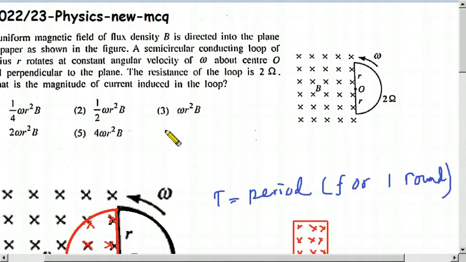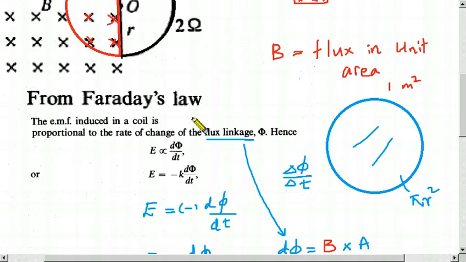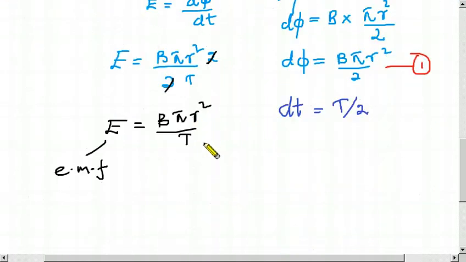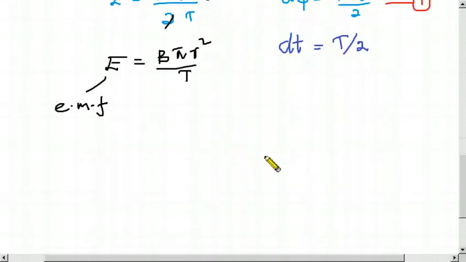Now there is no T in the answers, omega is there, so we have to substitute omega instead of this T. So what equation comes to your mind? Capital T and omega, what is the relationship? Omega is theta divided by T, that is the basic equation.